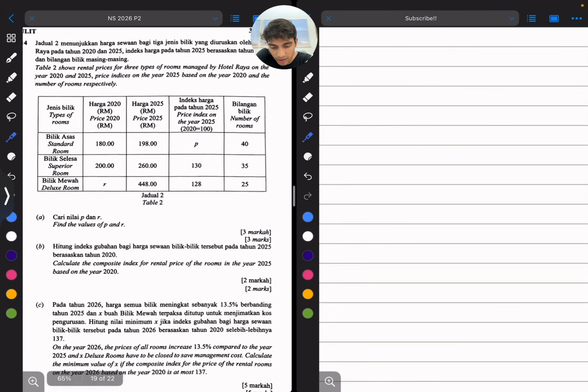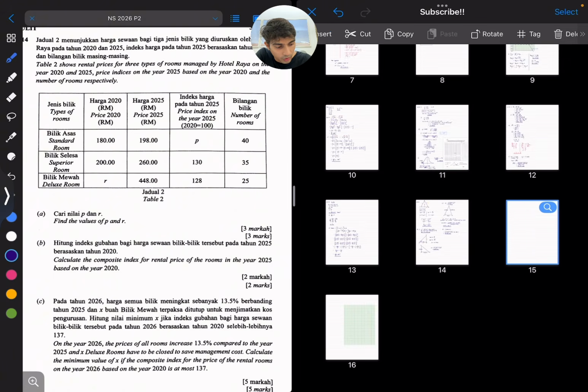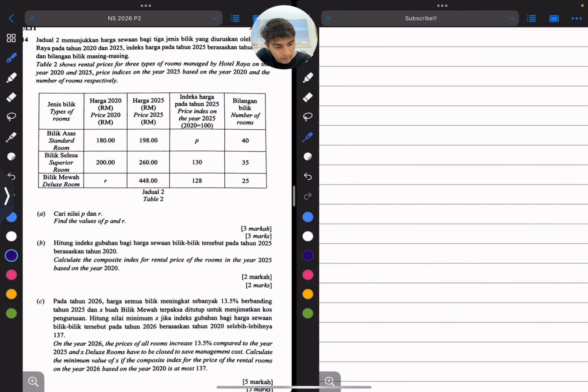Table 2 shows the rental prices of 3 types of rooms managed by Hotel Raya. Find the values of P and R. Okay, so P is here. P is the price index of 2025 based on the year 2020.